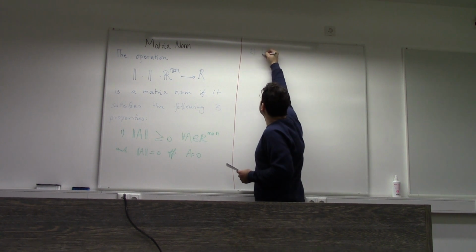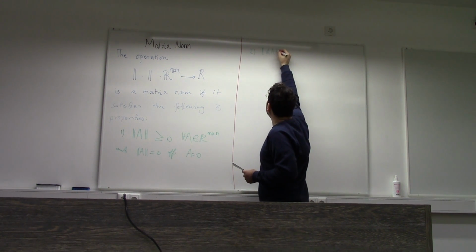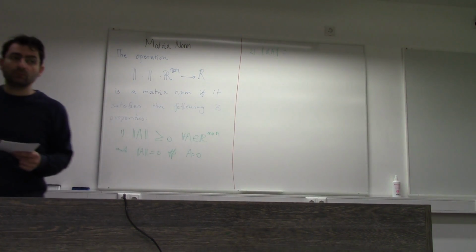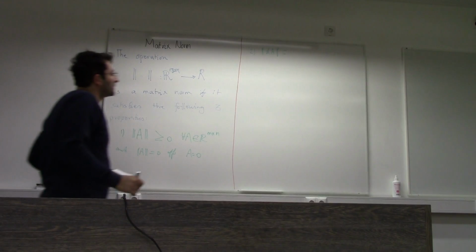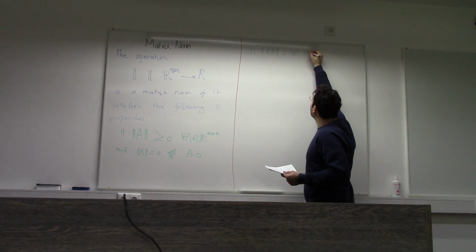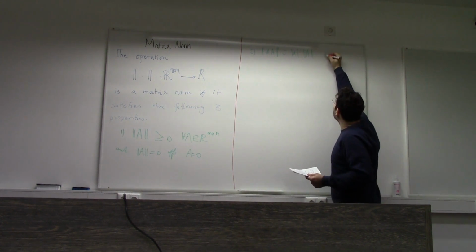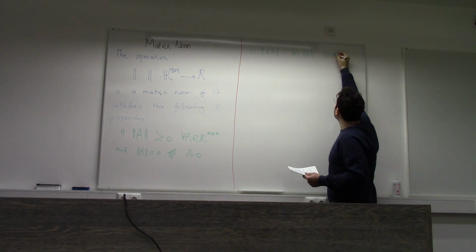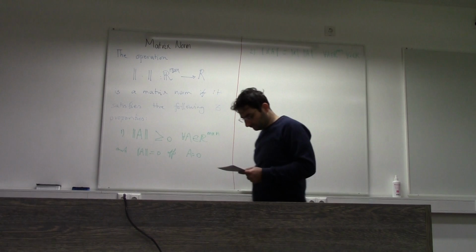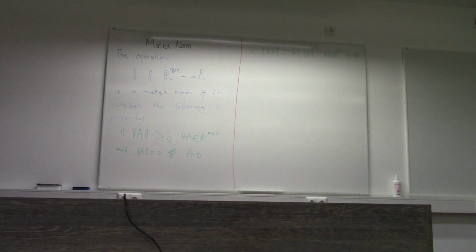Second one: the norm of alpha A is the absolute value of alpha multiplied by the norm of A, for any A belonging to R n by n and for any alpha belonging to R. And what was the third one in the vector norm?